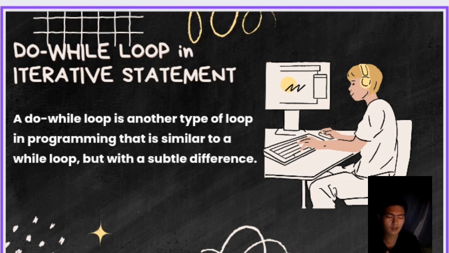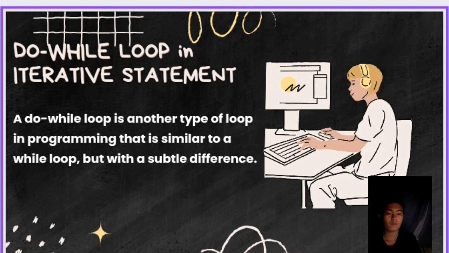The basic structure of a do while loop in programming languages, including Java, is do, then the code block, and then while with the condition. Here is how the do while works.